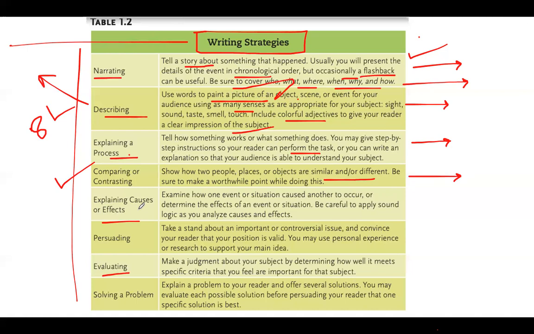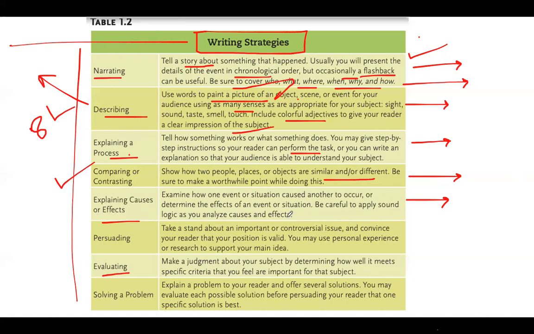Then you have to explain causes or effects. That is how one event or situation caused another to occur. For example, what causes global warming? That is a topic. You say that global warming is a result of chlorofluorocarbons.